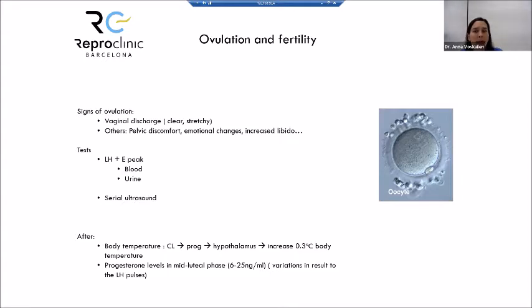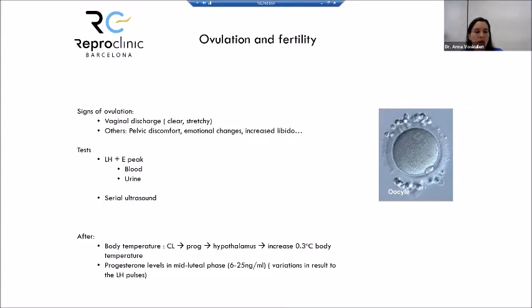Regarding the tests that can show if we're ovulating or not, we have the LH and estrogen peak, which we can test in blood or urine. We can also do serial ultrasounds to check if we are ovulating.